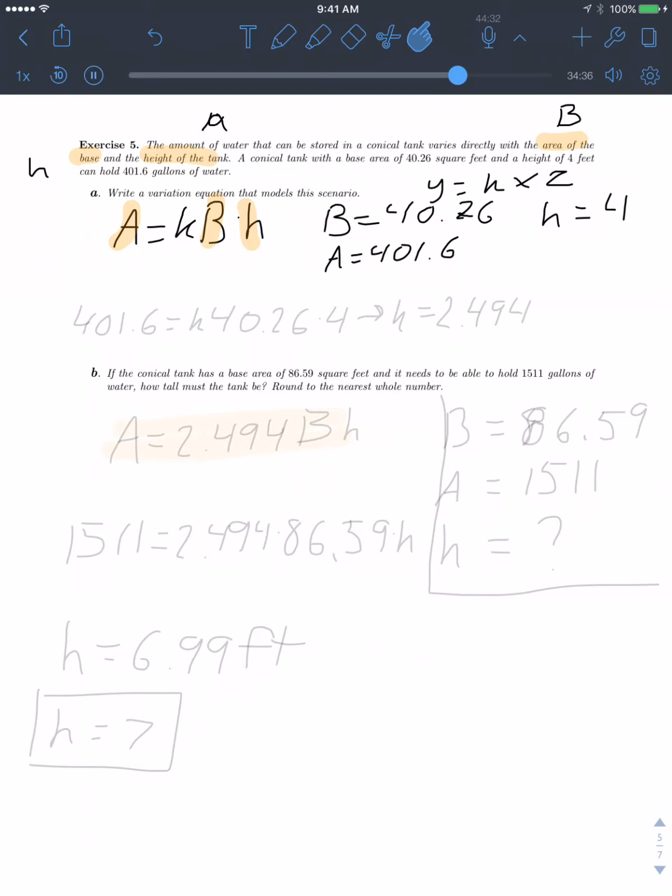So if we put all of that together, 401.6 is equal to K times the base area, 40.26, times the height, 4. Now solving this for K, we find that K is equal to 2.494.